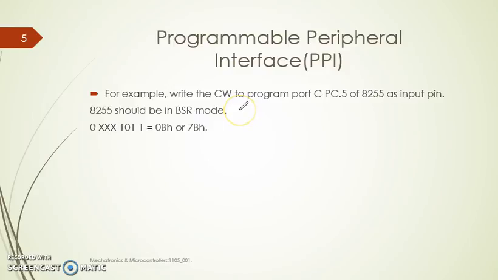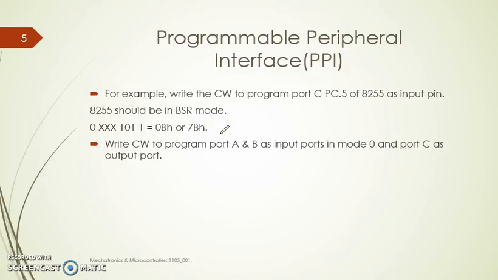In BSR mode, bit D7 is 0, D6, D5, D4 are don't cares, and then we have D3, D2, D1 which will tell which particular pin, and D0 will tell whether it is input or output. So we want PC.5, that is why 101 is written, and we want it as input pin, hence D0 is made 1. If you assume these don't cares as zeros, then you have 0BH being written, or if you are assuming these don't cares as 1, then you have 7BH as the control word.